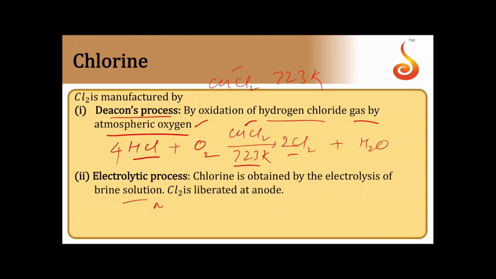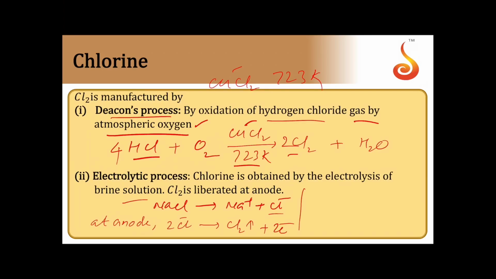So brine solution NaCl will give rise to Na plus and Cl minus ions in aqueous solution. Cl minus ions, being anions, move towards anode. So at anode, Cl minus ions are oxidized, so liberation of chlorine gas takes place at anode.